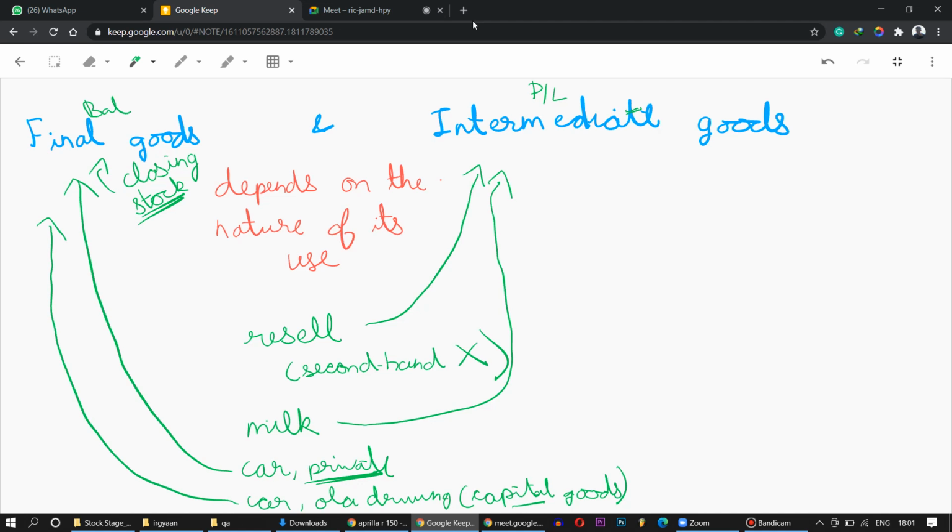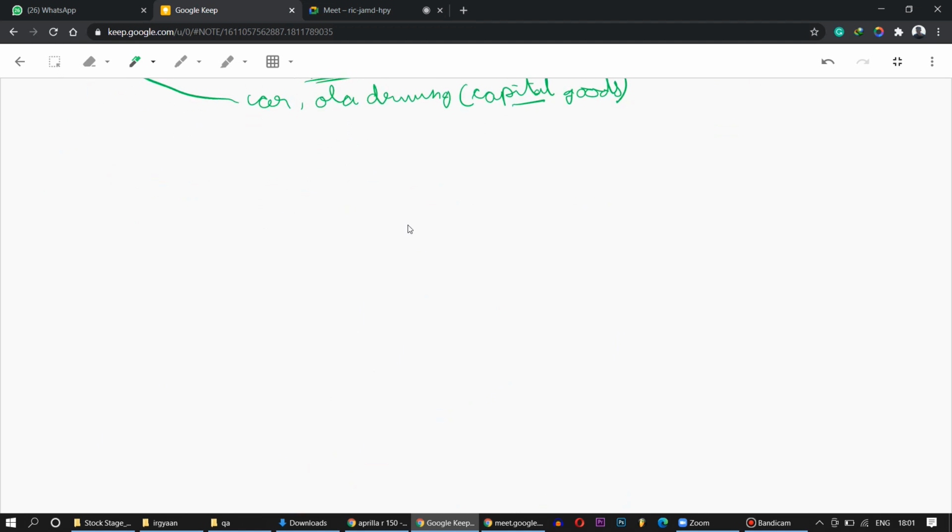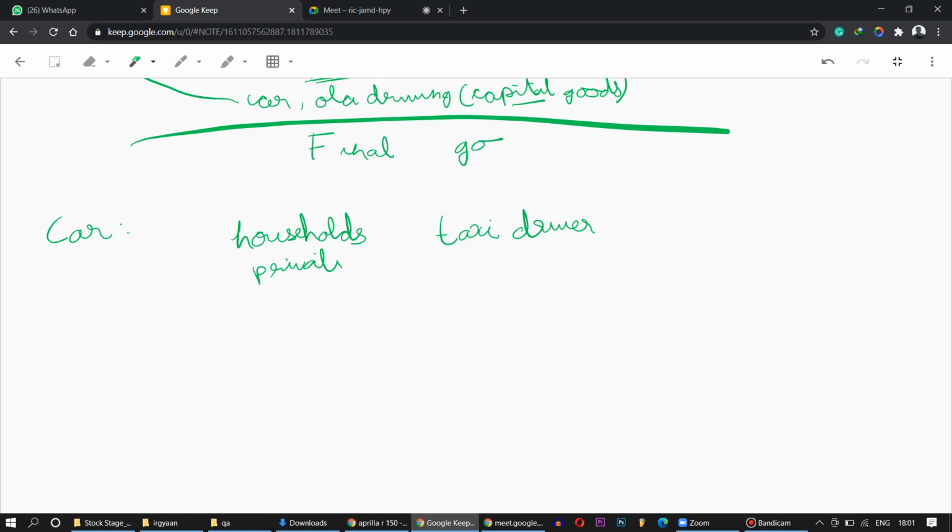Let me try asking a few questions, because I'm 100% sure some questions would be there. You would be confused a bit. Let me try to make a table also. Now, if I use a car, if households are using it, this is private use. Or if I'm becoming a taxi driver, this is a final good. This is my final goods, where one is consumption goods and the other is capital good.